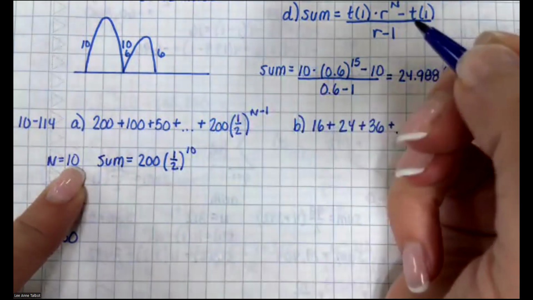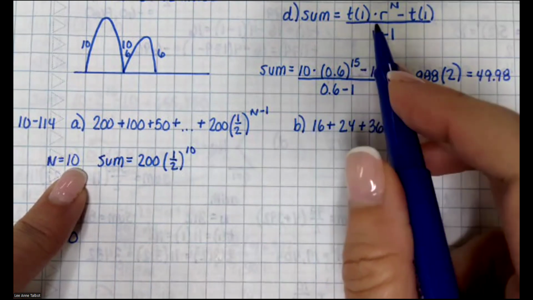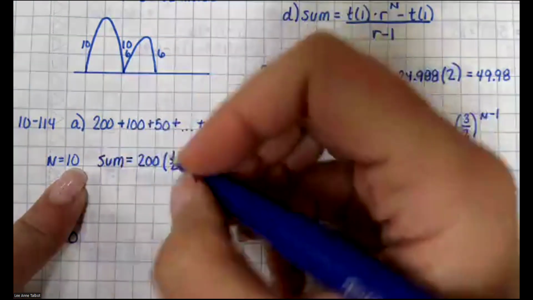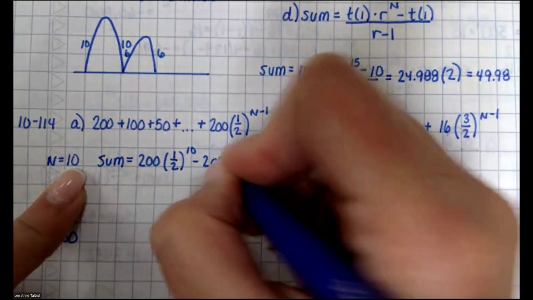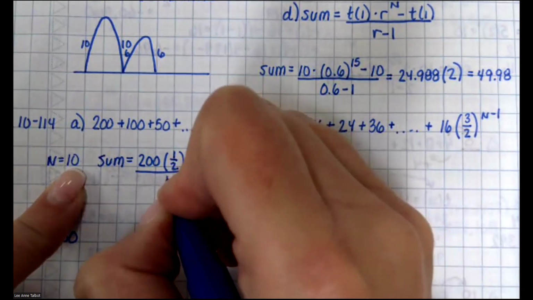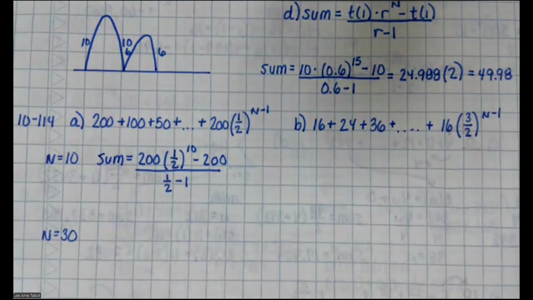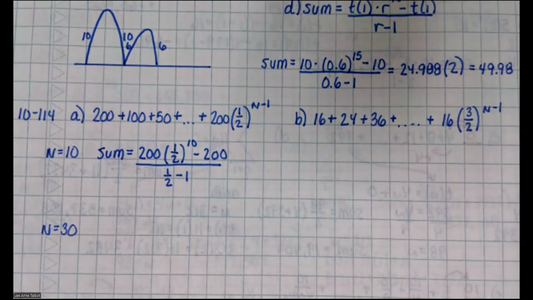To the 10. So this is the number of terms we're going out. So first term times multiplier to the n minus first term over multiplier minus 1. Okay, type that in your calculator. Remember to put parentheses around the top and the bottom.